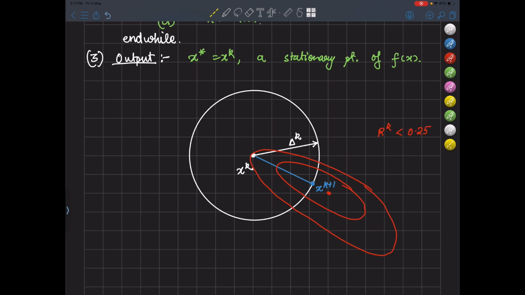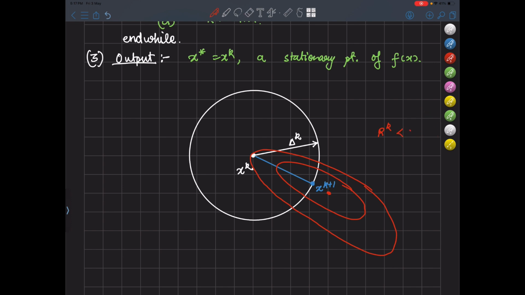So the next trust region will be lesser. If it is greater than 0.75, we'll increase the region of trust around xk plus 1.